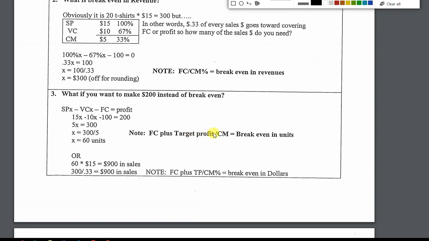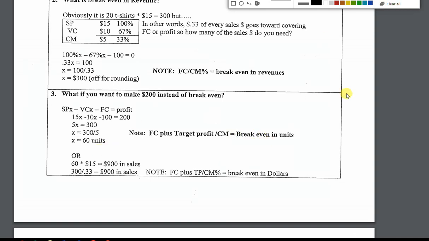Fixed cost plus target profit divided by contribution margin per unit gives you the number of units, because every unit contributes $5, so I solve for the number of units. Every dollar contributes 33 cents, so I'm figuring out my revenue in dollars, okay? So again, that is not necessarily break even, but target profit.